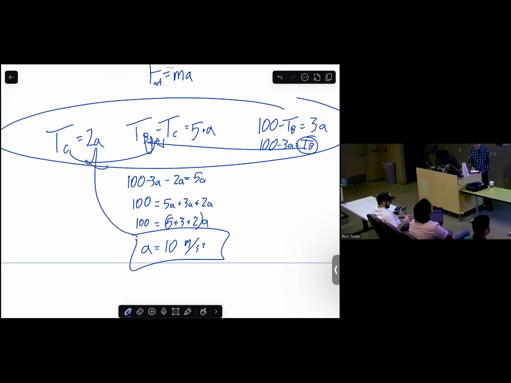You can go back and plug it into the equations that you've had before and find the values of the tensions. We've got a minute left. You could do it. Tell me the acceleration of B. Gosh darn it.